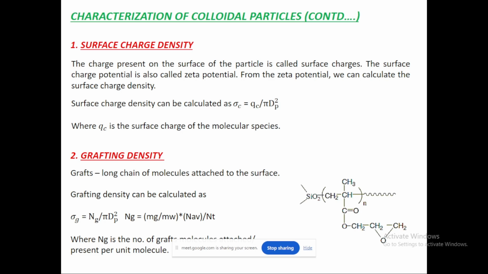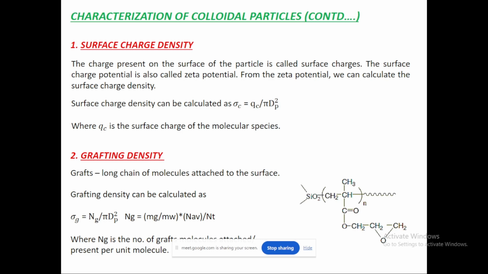These surface charges are determined through the zeta potential, which is the surface potential, calculated using the dynamic light scattering technique, which we will see towards the end of today's lecture. From that zeta potential we can calculate the surface charge density.